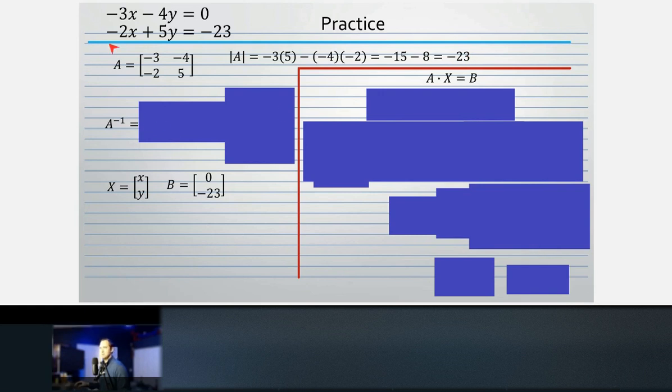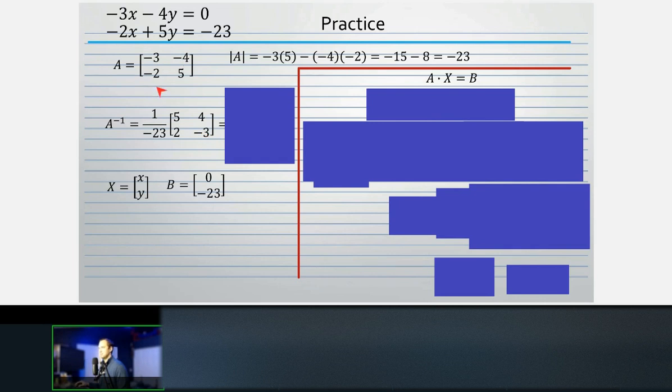And then to actually calculate the inverse, it's 1 divided by the determinant multiplied by the matrix, but we have to do stuff to this, right? Remember from Friday, we have to swap these 2 diagonals. So this 5 gets put top left, this -3 gets put bottom right.